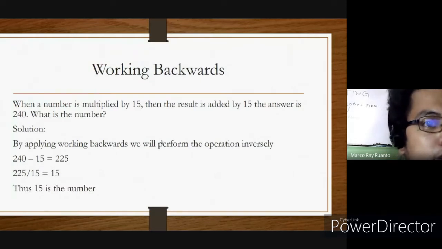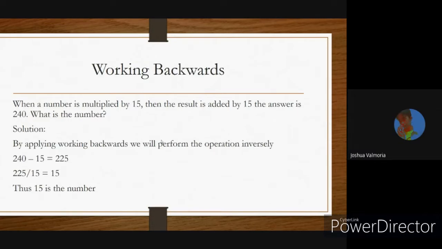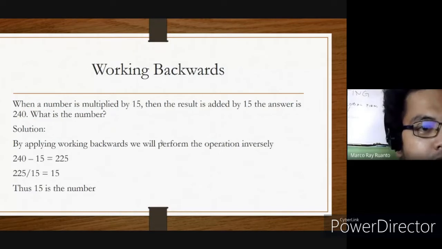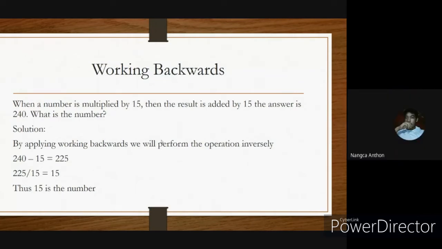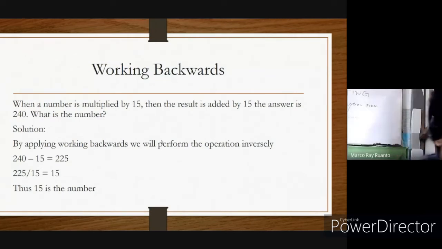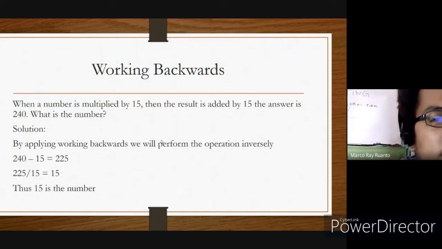Now let us check if our answer is correct. 15 times 15. What is the answer? 225, sir. 225. Okay, 225 plus 15. 240, sir. 240. So do we have the same answer here? Yes, sir.